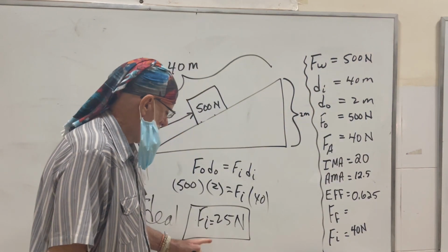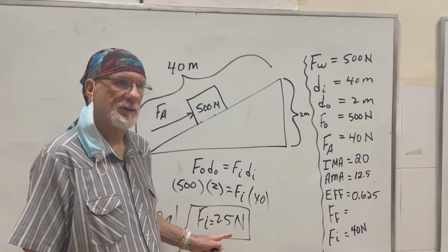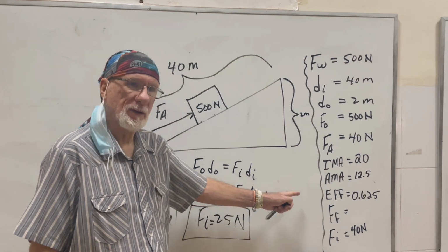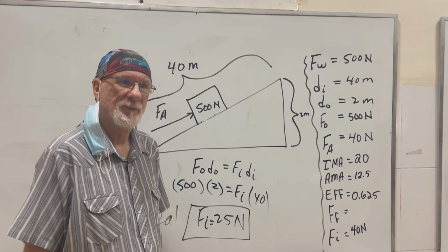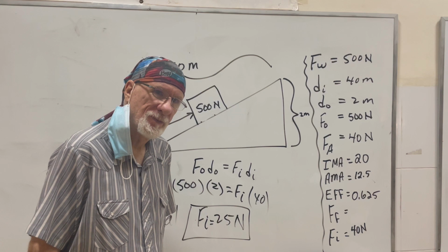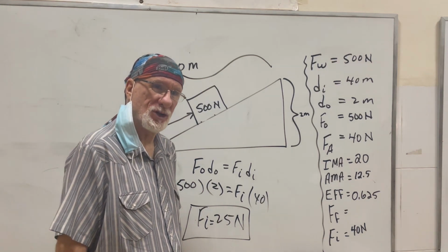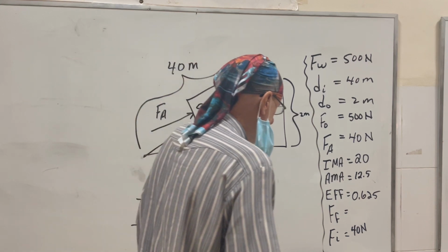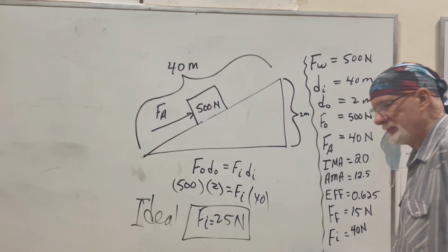So, ideally it's 25 newtons, Miriam, correct? But I use 40. What's the friction? That's absolutely correct, Elvis. Well done. It's going to be 15 newtons.